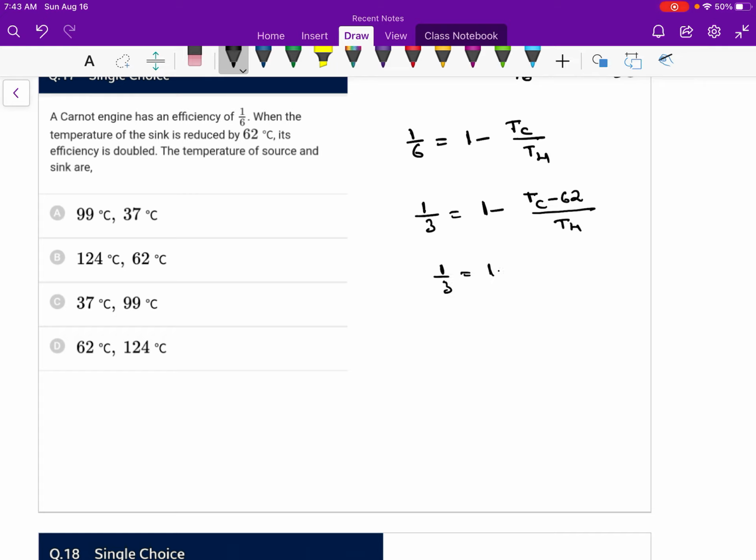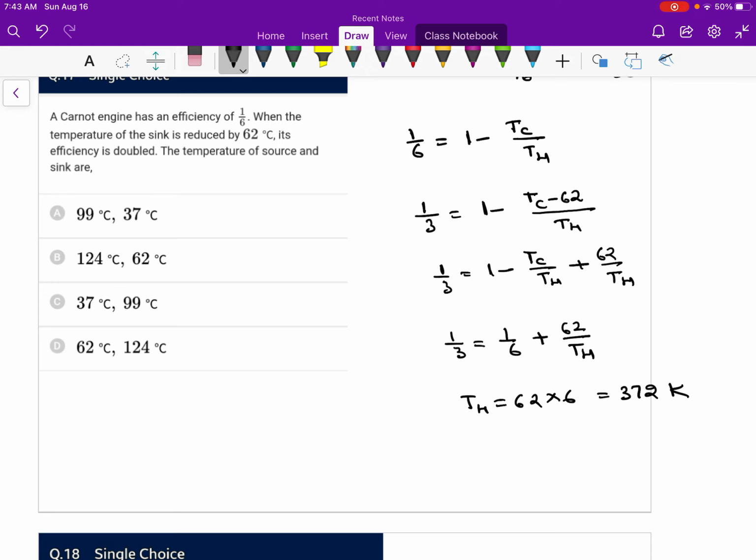Okay, so this is 1 by 3, 1 minus Tc by Th plus 62 by Th. Now 1 minus Tc by Th is 1 by 6, so 1 by 3 is 1 by 6 plus 62 by Th. So Th is 62 into 6, which is 6 2s are 12, 6 is 36, 372 Kelvin.